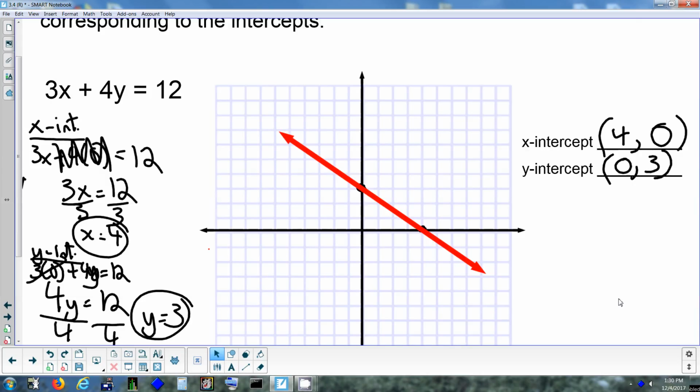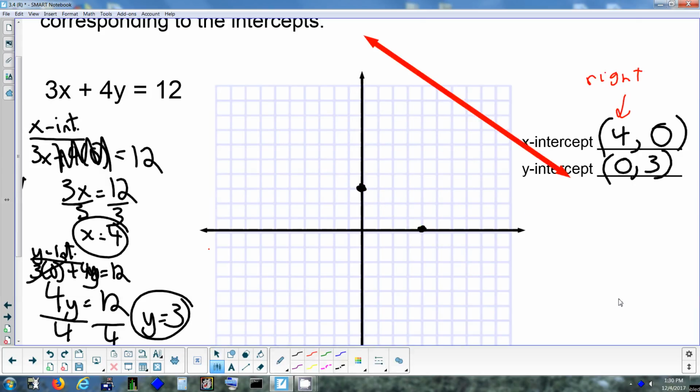Josiah, do you have a question on how to graph the coordinate 4, comma 0, like left, right, up, down? When you have an x value that's positive, you go to the right 4 units. Starting from the origin, you go right 4.